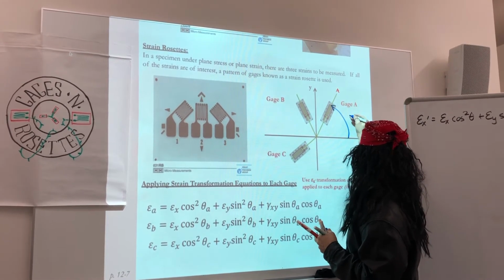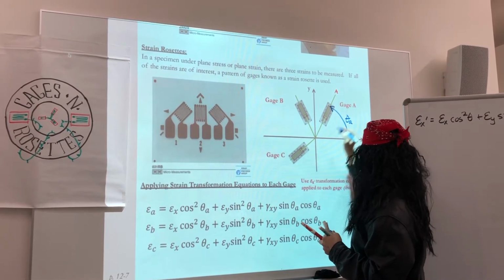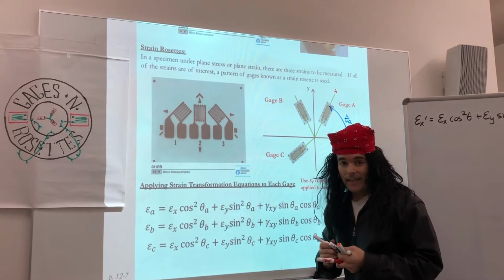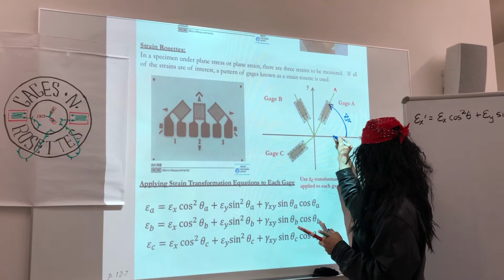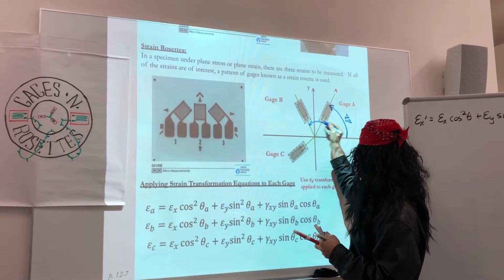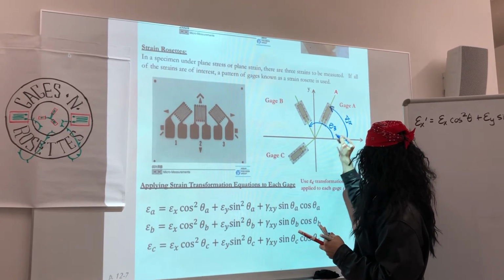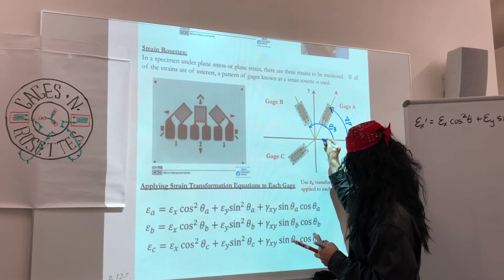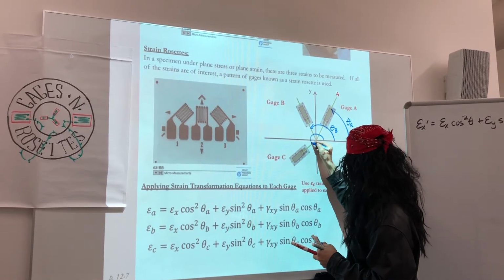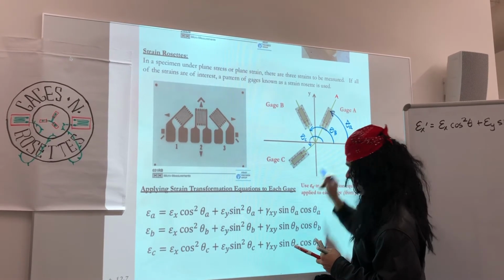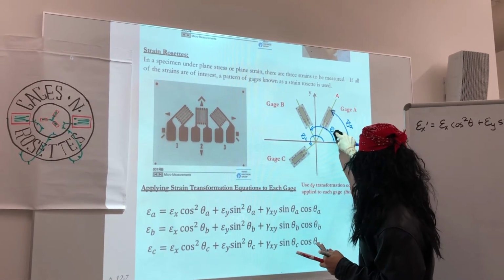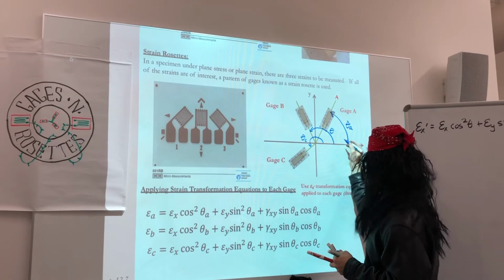I have an angle up to here that we'll call theta A. Now I can repeat the process for gauge B, call this theta B, and for gauge C, call this theta C. Maybe I'll do a lowercase b here so it matches up with your notes.